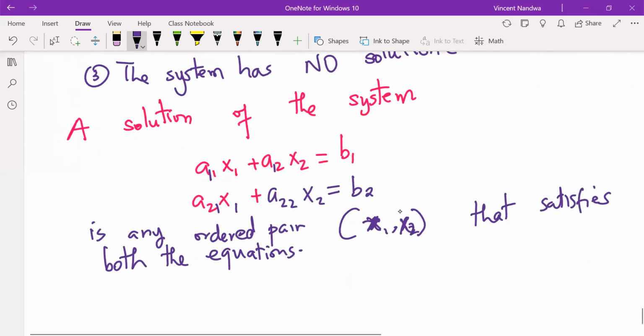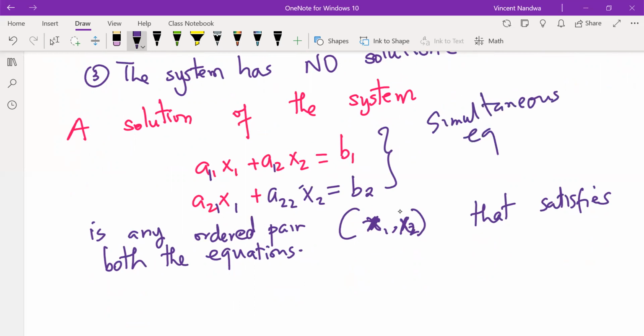And as a system, this is called the canonical system of two linear equations in two unknowns. This is what we call simultaneous equations.